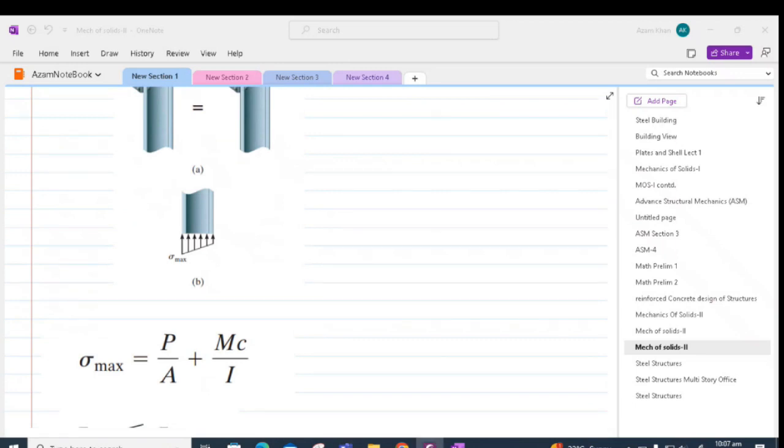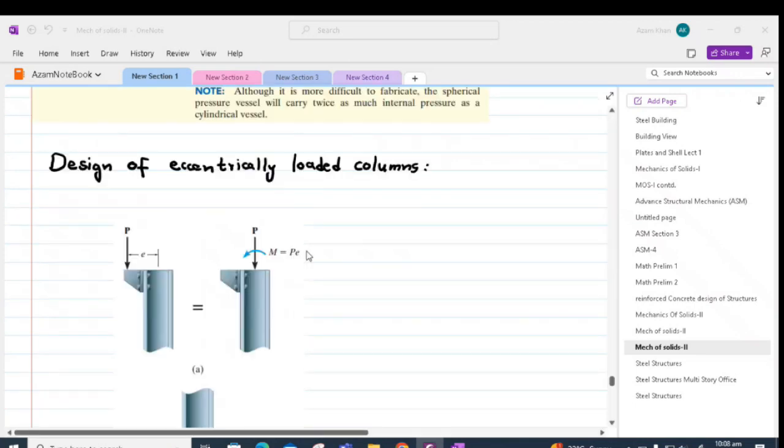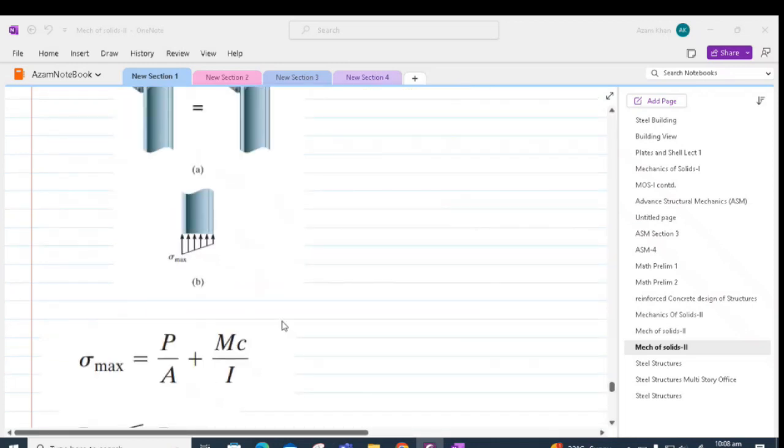As we know from our combined stresses knowledge, the stress distribution acting over a cross-sectional area having both axial load and bending moment can be found by adding the contribution of axial stresses and the flexure stresses.